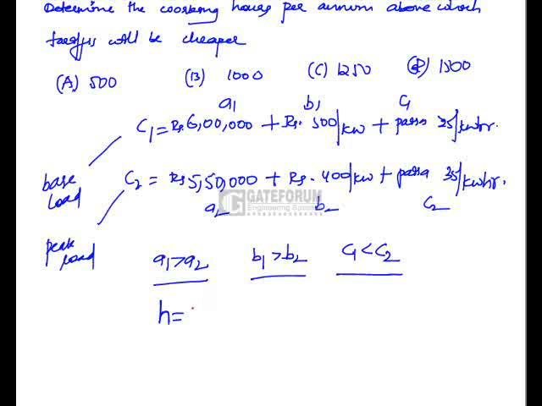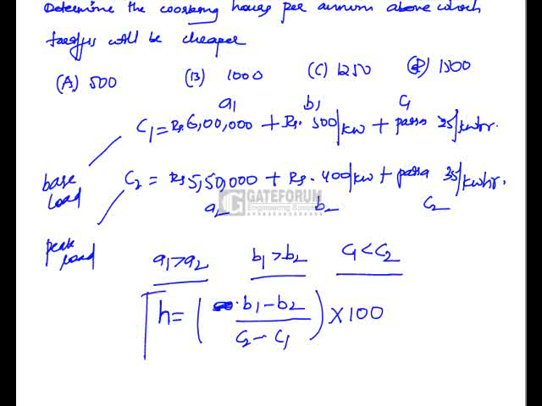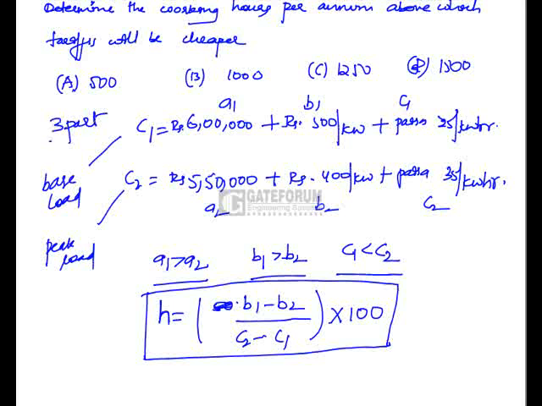If you work this out, you get the direct formula: H is the number of hours, equal to B1 minus B2 by C2 minus C1 into 100. This is the formula for a 3-part tariff, and what he has given is a 3-part tariff.